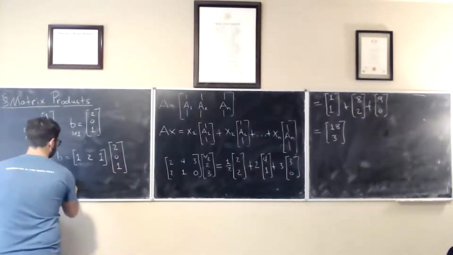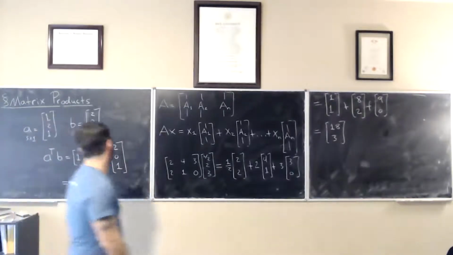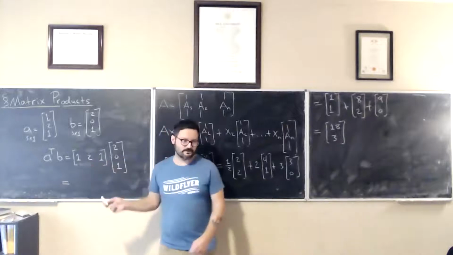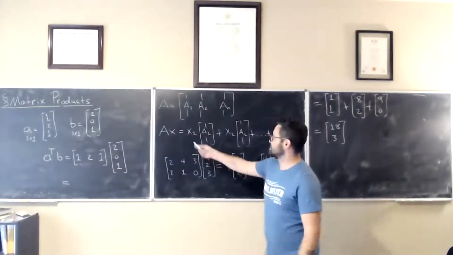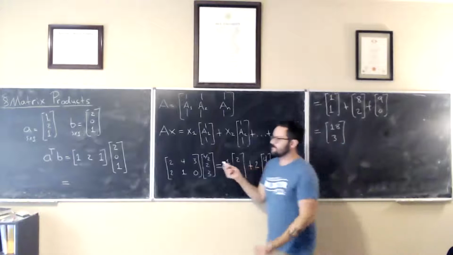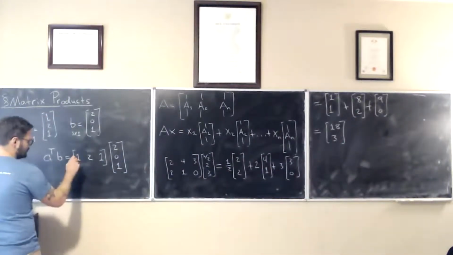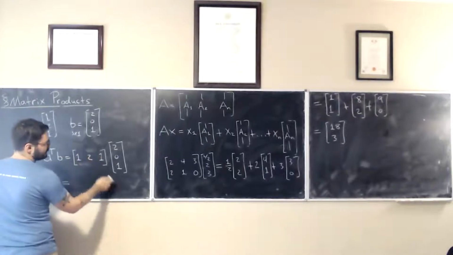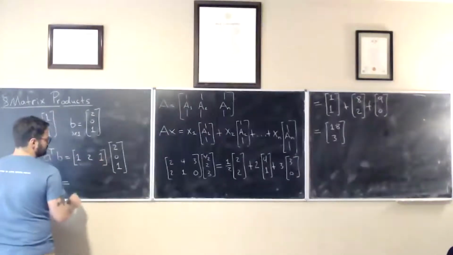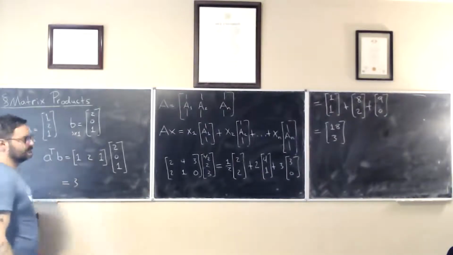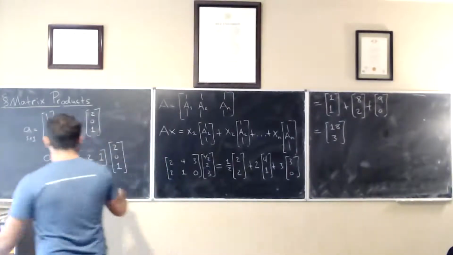So now this is a matrix vector multiplication, just like this. What is it going to be? It's going to be 2 times that column plus 0 times that column plus 1 times that column. So that'd be 3.